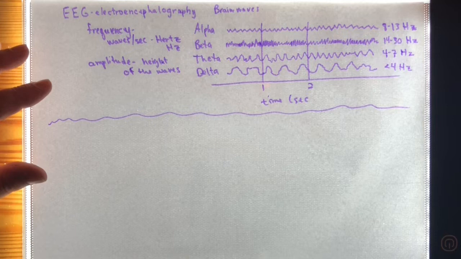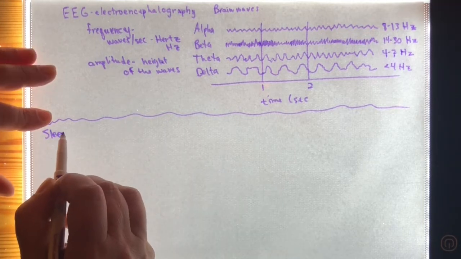But there's many other things that we can also take a look at. We can look at infarcts, or whether a person possibly has a brain tumor. We can actually localize that, which means we can find out where it is inside of the brain. We can diagnose a stroke by using an EEG. And of course, we can also look at a number of other things, but we can also look at sleep.